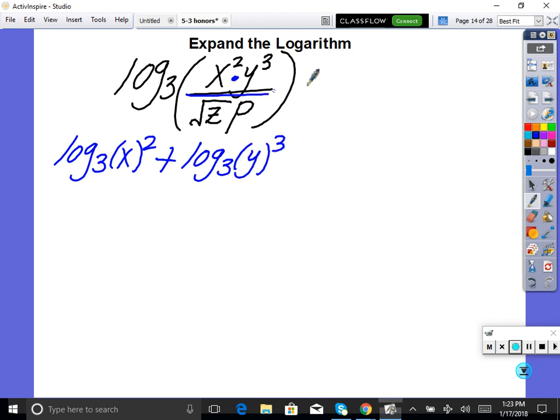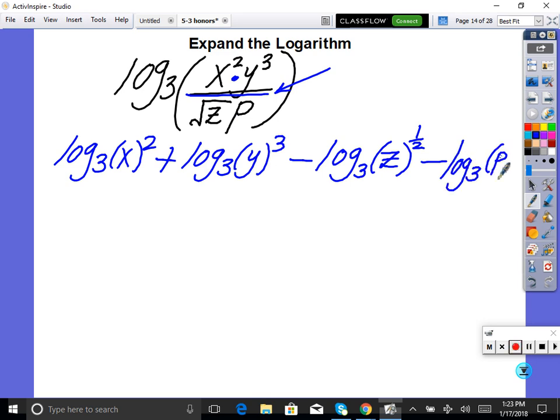Now divide is subtract, so minus log to the base 3 of z to the 1/2 power because of the square root. And then, you guys, this is on bottom as well. So you should have a minus here, minus log to the base 3 of p. Then our last step would be to fix our exponent.